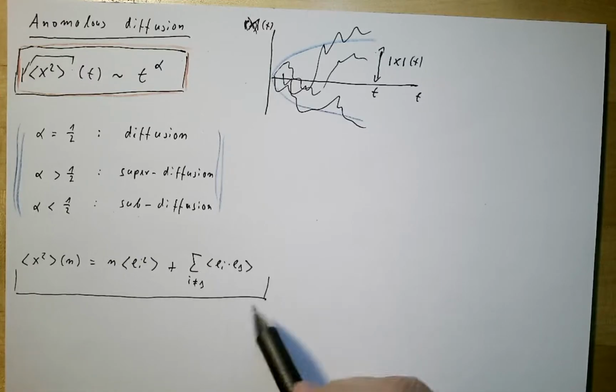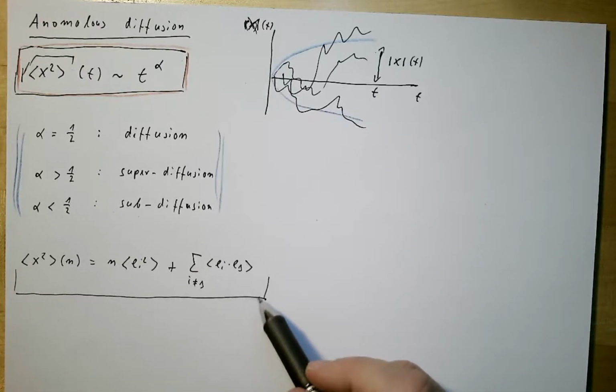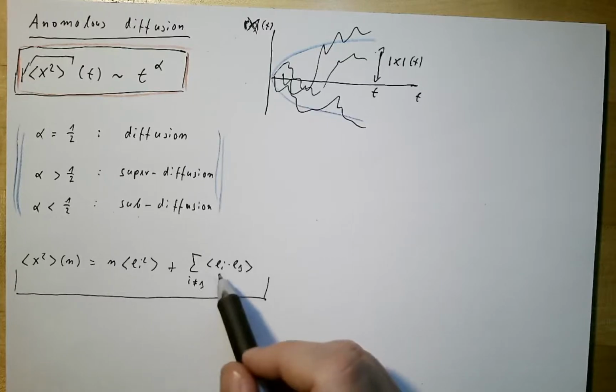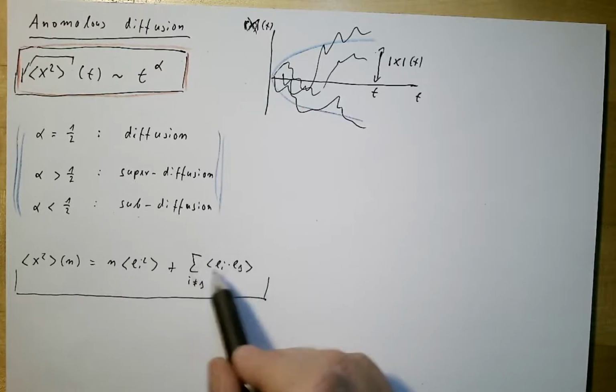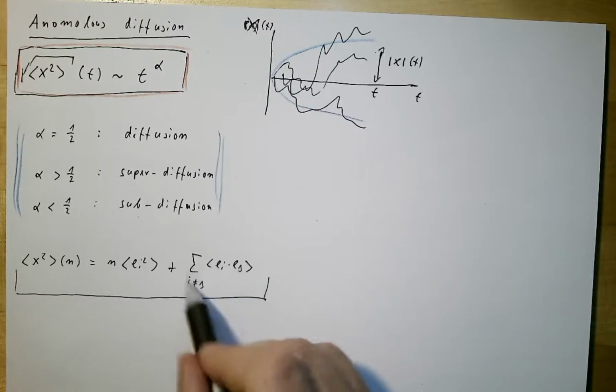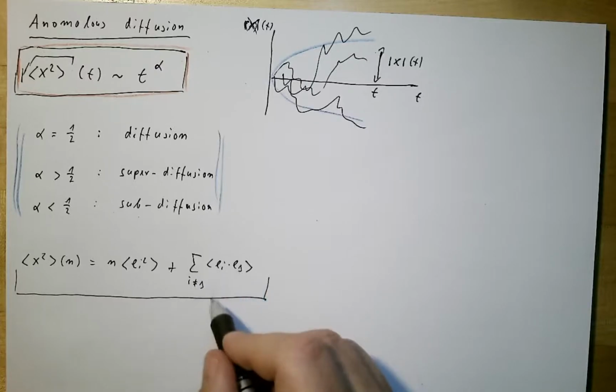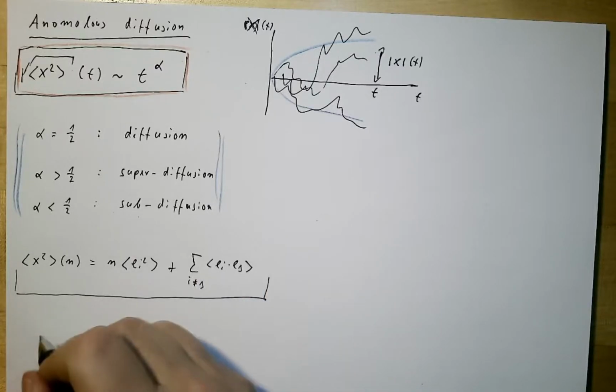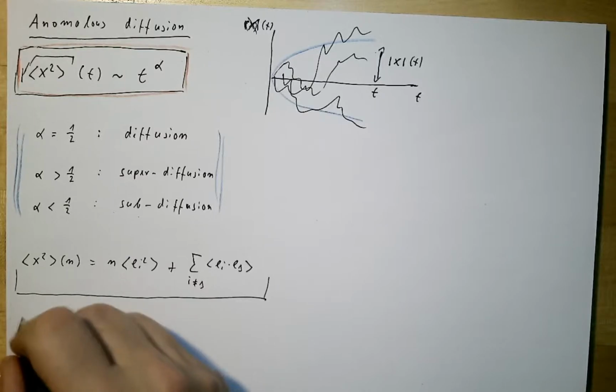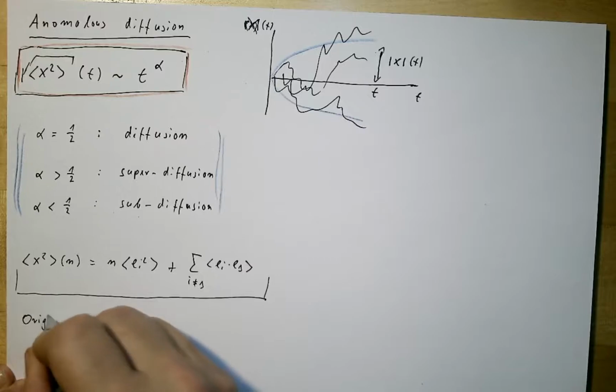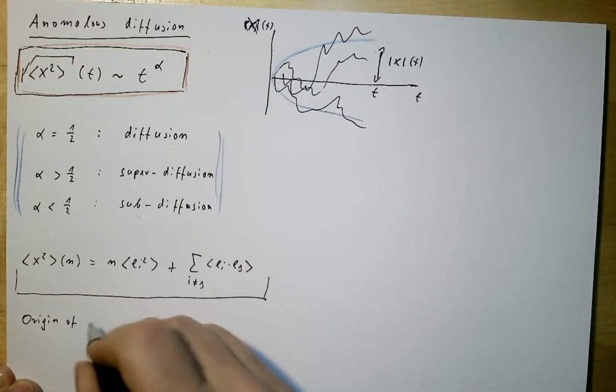Now we see two possible things that can happen. The first case we have seen before, if this correlation sum is diverging. So, the reasons or mechanisms, let's call it the origin of anomalous diffusion.